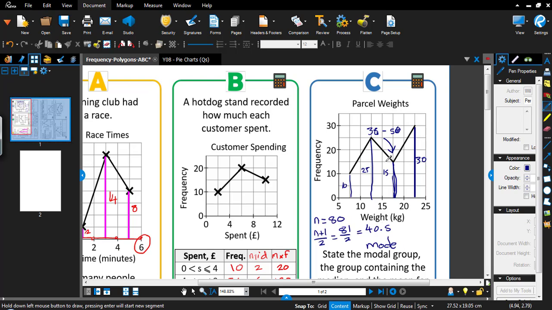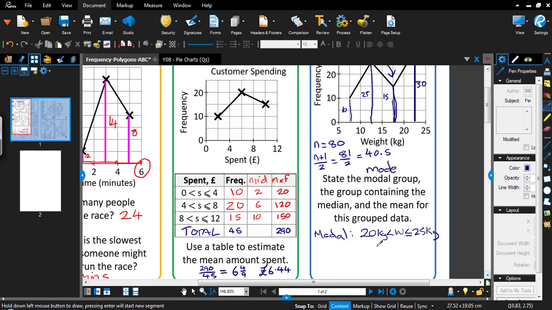So the 40.5th is going to be in this range here. So the median group is going to be 15 to 20 kilograms.